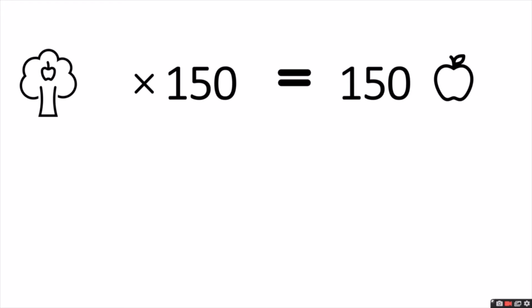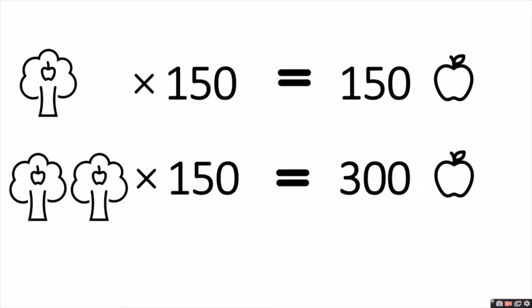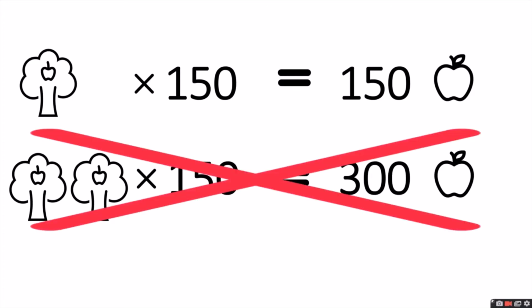And indeed, that would be the case if we were to have 1 apple tree. 1 apple tree multiplied by 150, we have 150 apples, and that is the case that we gave to the algorithm. However, already in the second instance, if we multiply 2 apple trees by 150, we get 300 apples, and we know that is not correct.